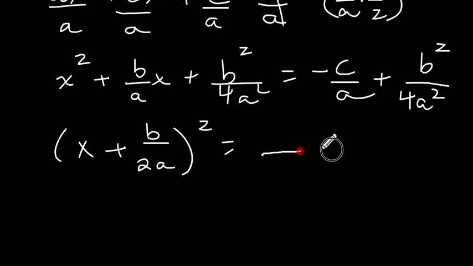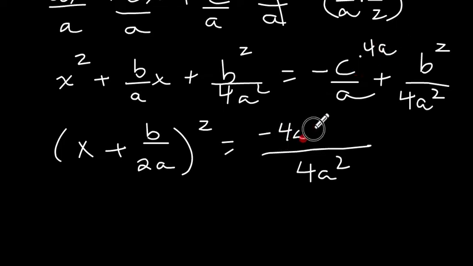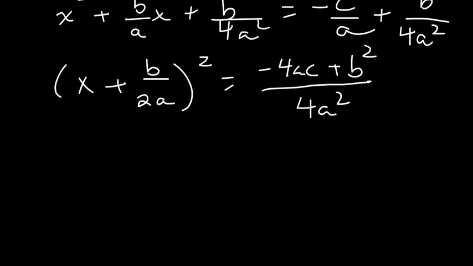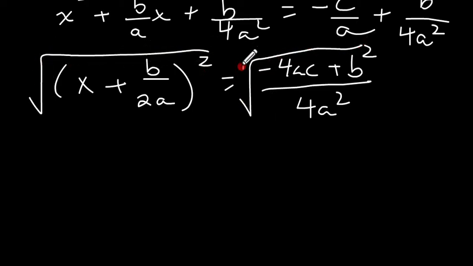And then on this side, the common denominator is 4a squared. So this one needs a 4a, right? So it's going to be negative 4ac plus b squared. All right, now, if you remember how we completed the square before, we did that. And then we took the plus or minus square root of the answer side.